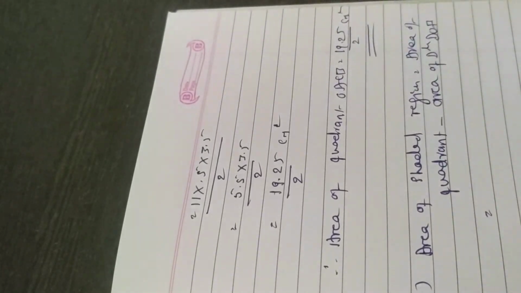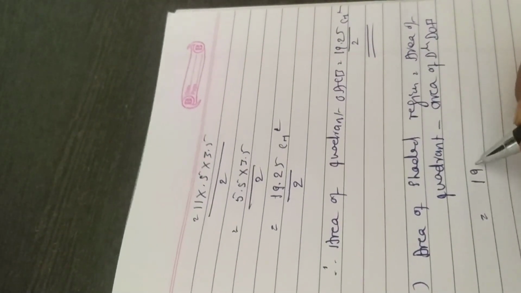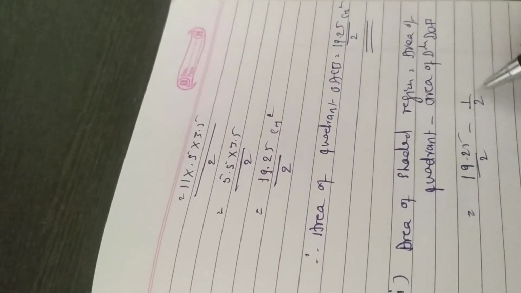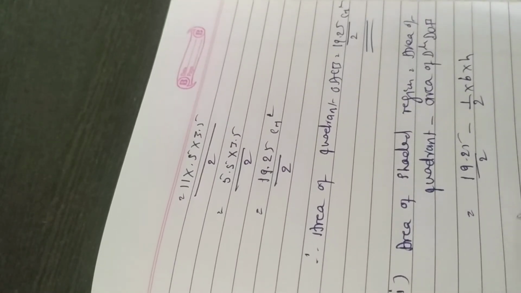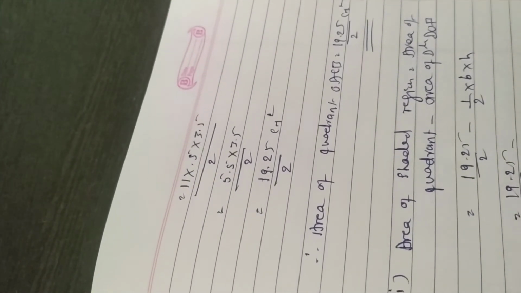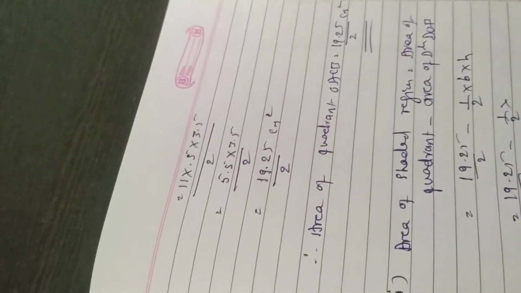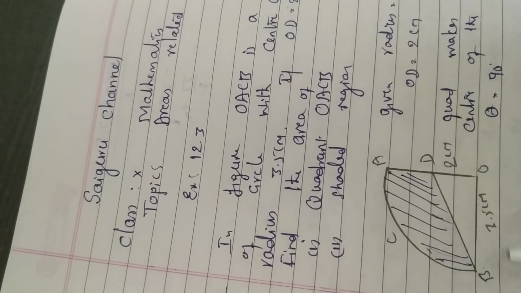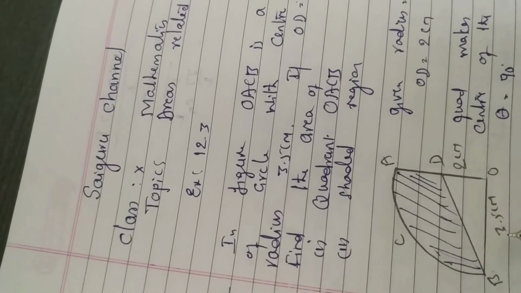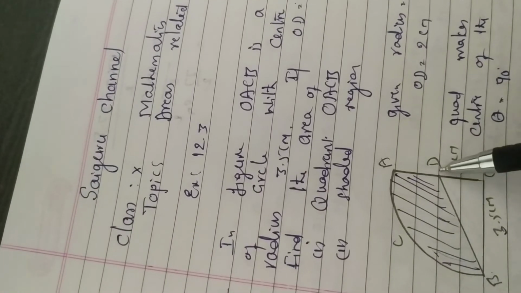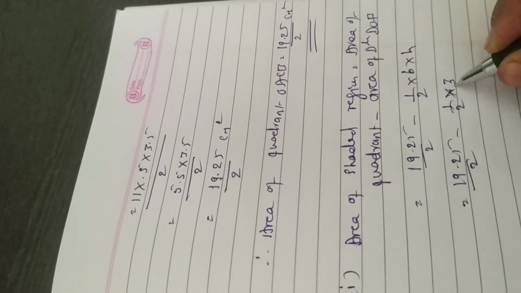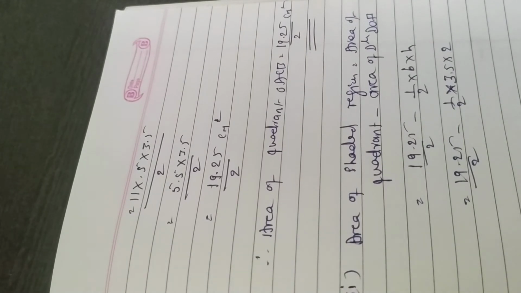So the area of quadrant, we already found, is 19.25 by 2, minus the area of the triangle, which is half into base into height. So 19.25 by 2 minus 1 by 2 into, what is the base here? The base of the triangle is BO. BO is 3.5 centimeter, and the height DO is 2 centimeter. So 1 by 2 into 3.5 into 2 centimeter. Understand?